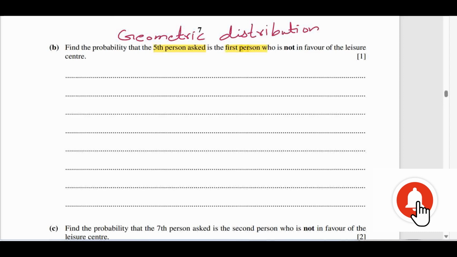So what does it mean? It means the probability of not favoring the leisure center is 0.2.